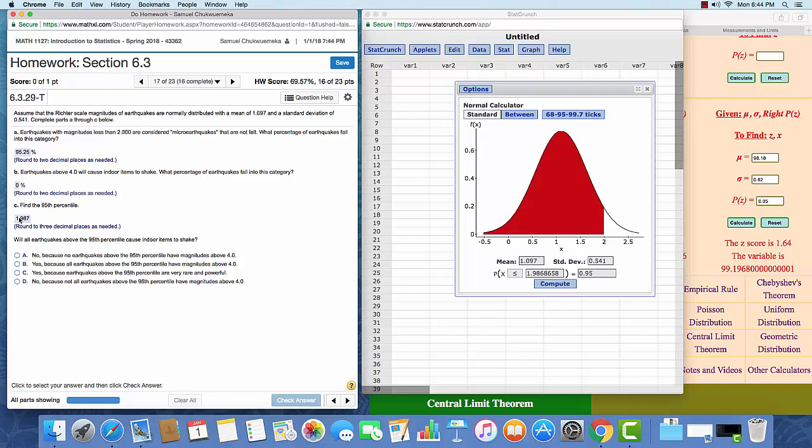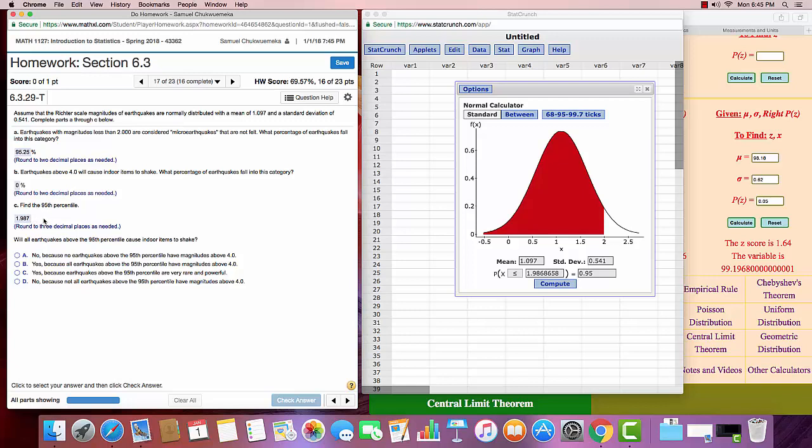Will all earthquakes above the 95th percentile cause indoor items to shake? Well, earthquakes above 4.0 will cause indoor items to shake. And all earthquakes above the 95th percentile, which is 1.987, what if you have 2.5?